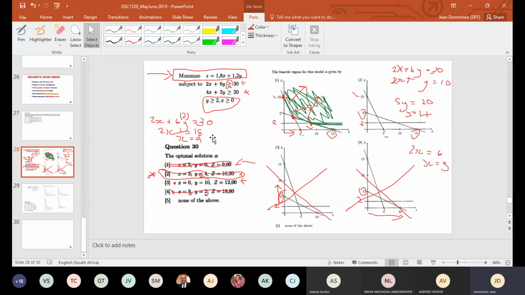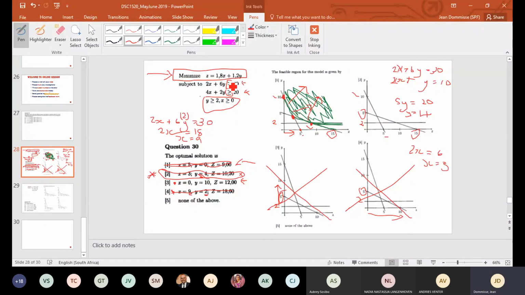Yeah, what is also very important for me is that you make sure about these signs for when you need to pick the region.